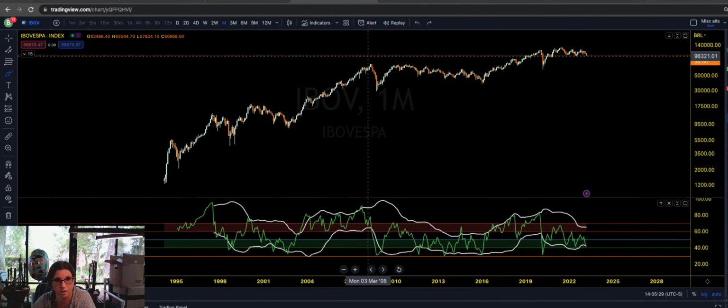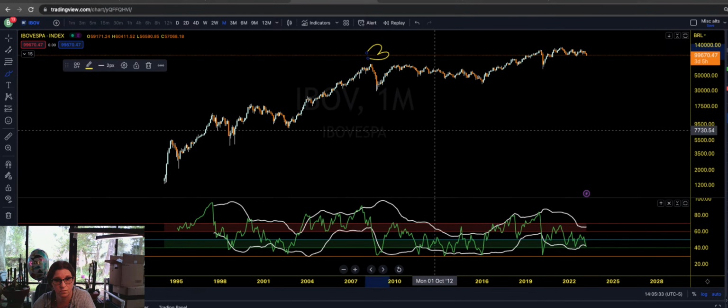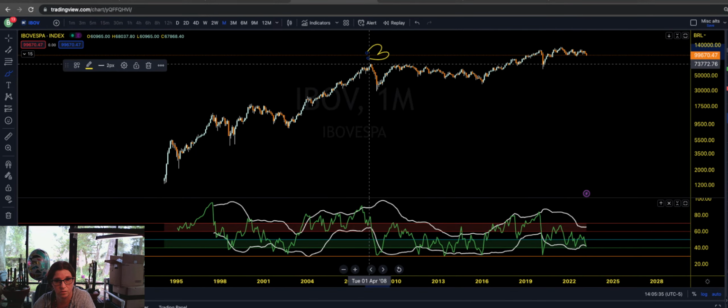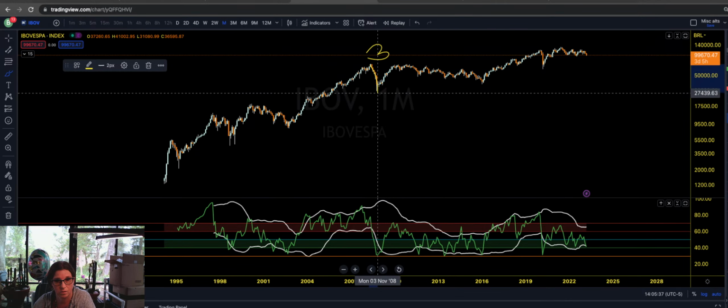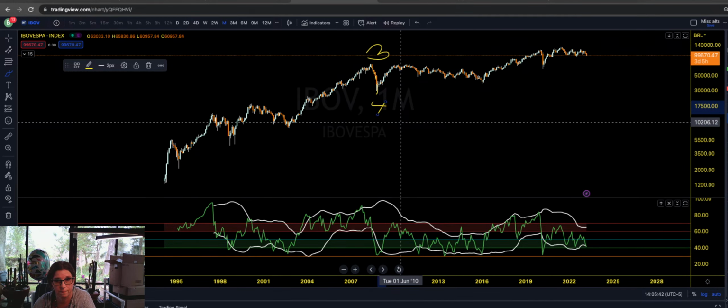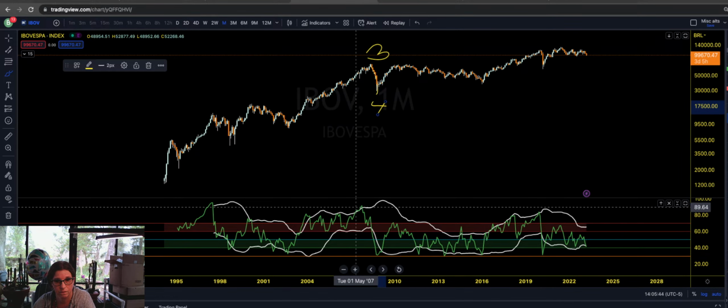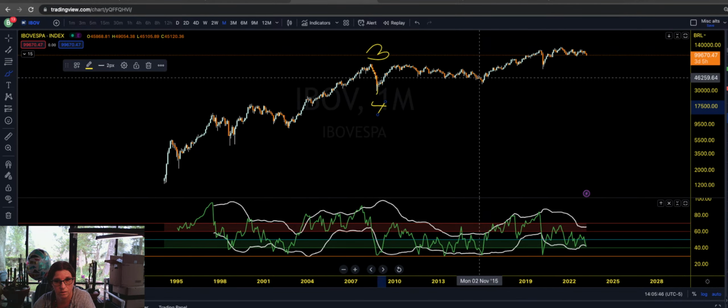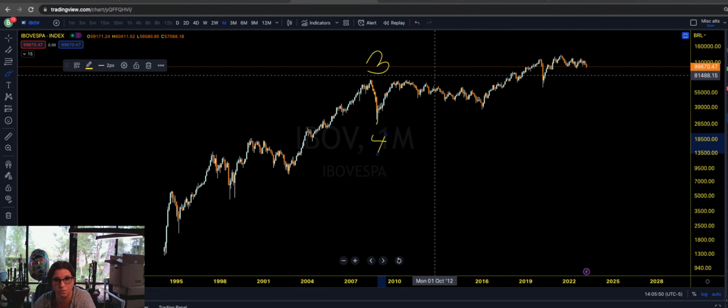This looks like a 3 here. Then it reset itself partially, which is suggesting a 4. It looks like currently it's in an overextended 5th, but it doesn't look done to me.